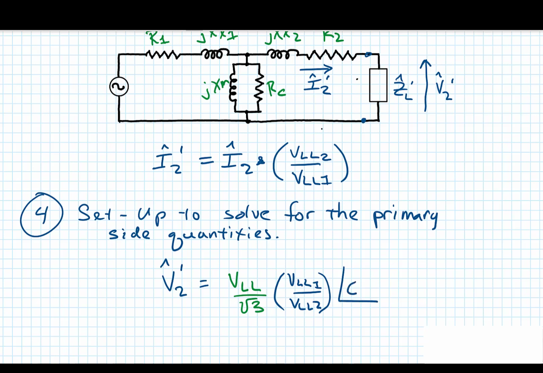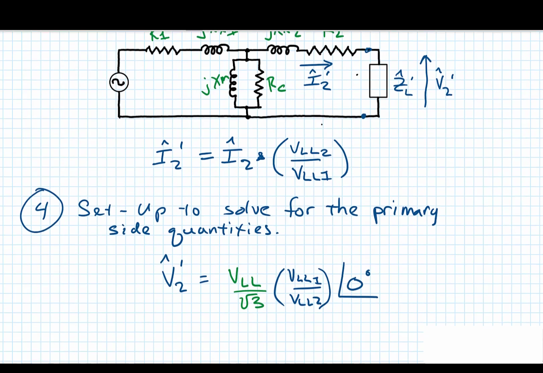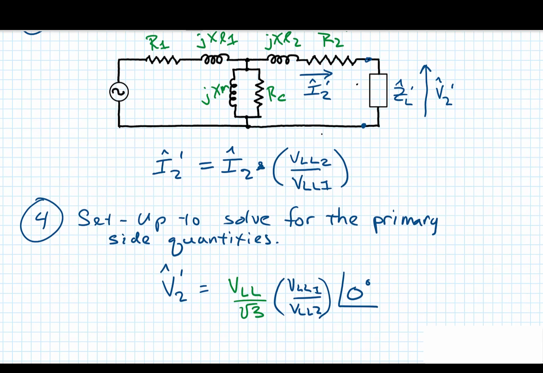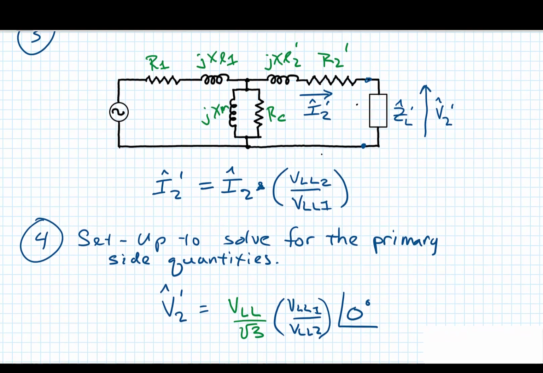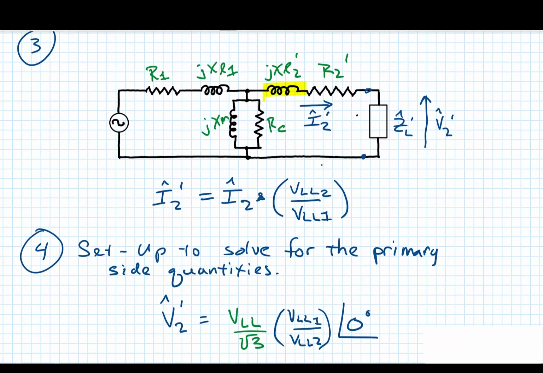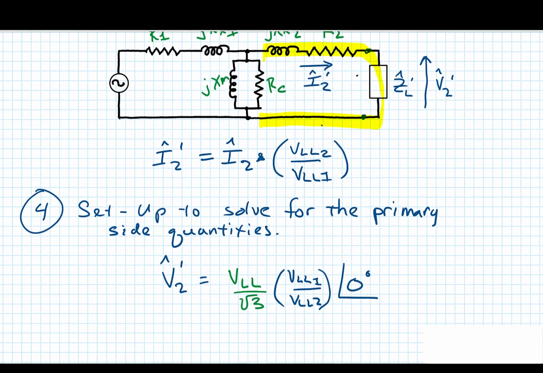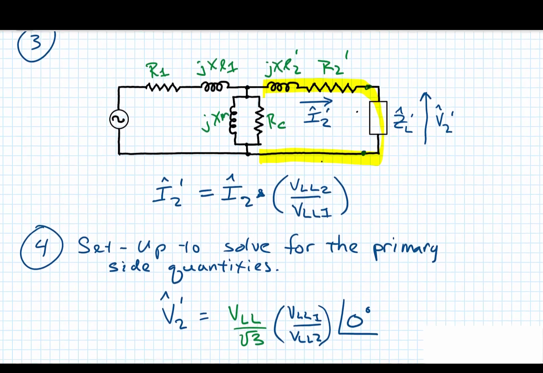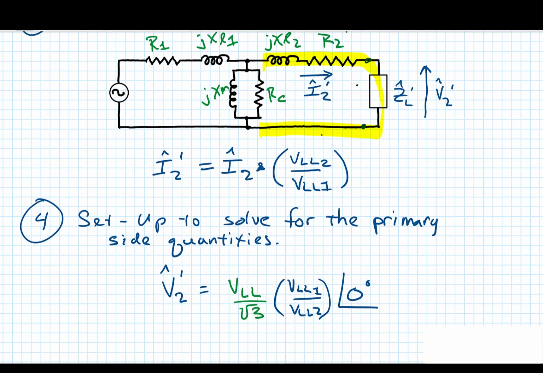And it's referenced at 0 degrees. So I really have everything now on the secondary side of my equivalent circuit. I've got everything I need to know here, and I just need to solve for the other quantities.